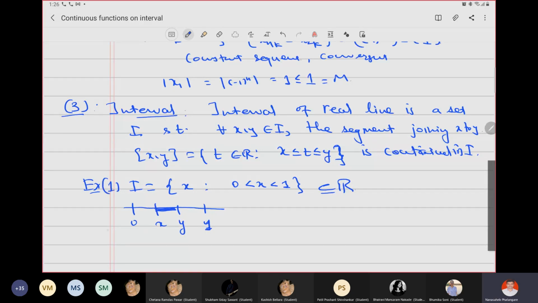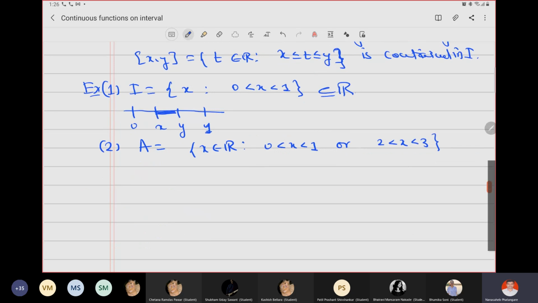Now, if I look at another example, A is equal to those real numbers for which 0 less than x less than 1, or 2 less than x less than 3, right? So is it an interval? No, sir.